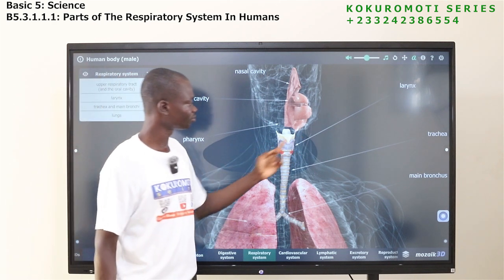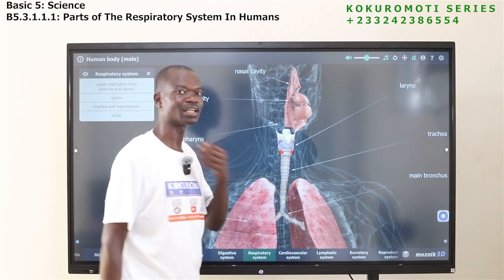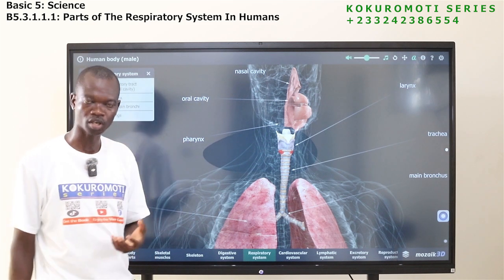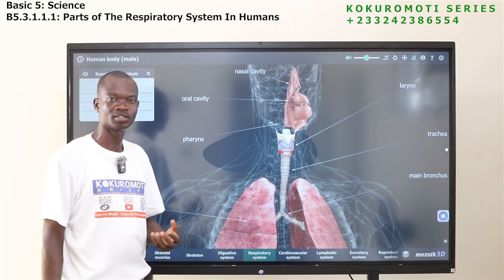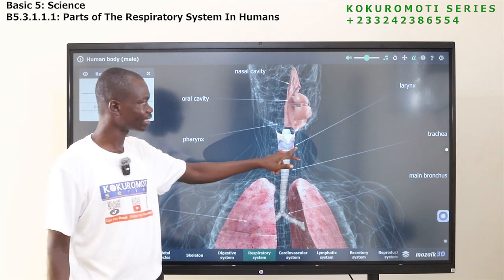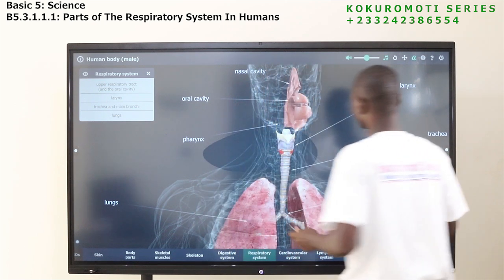Okay, this is the larynx, the part that produces sound. So we talk, we sing. You are able to hear because of the sound. That sound is produced at the larynx.